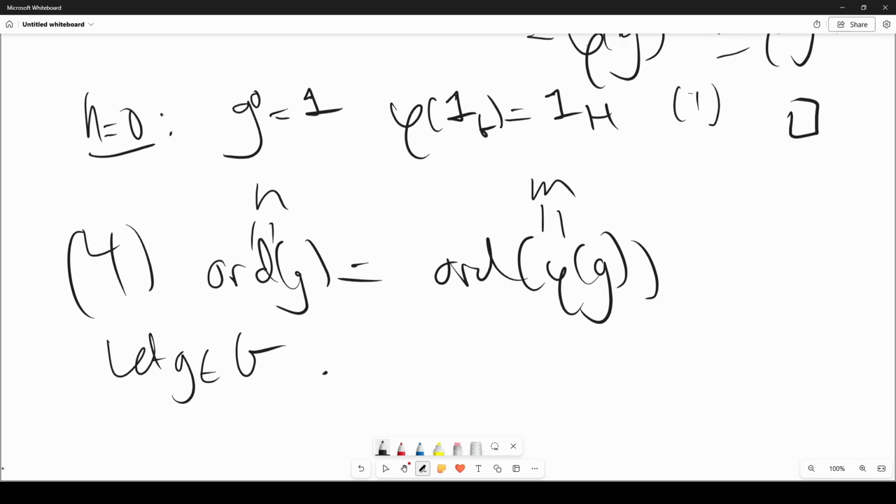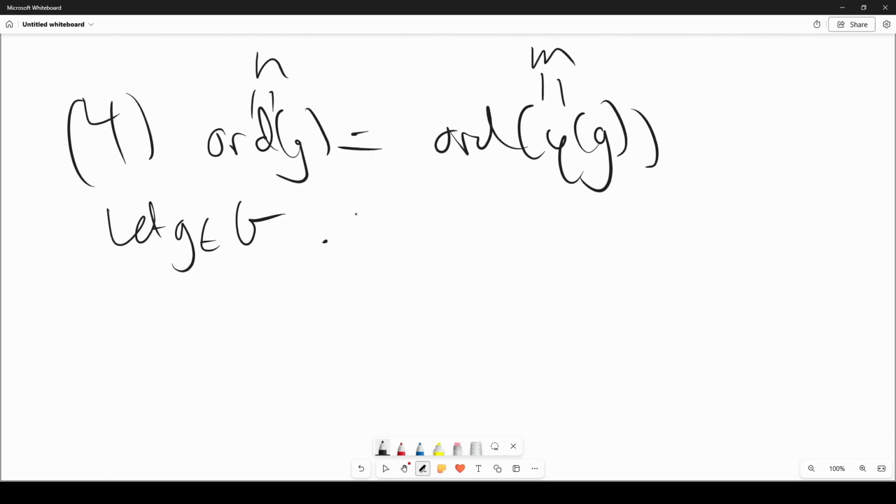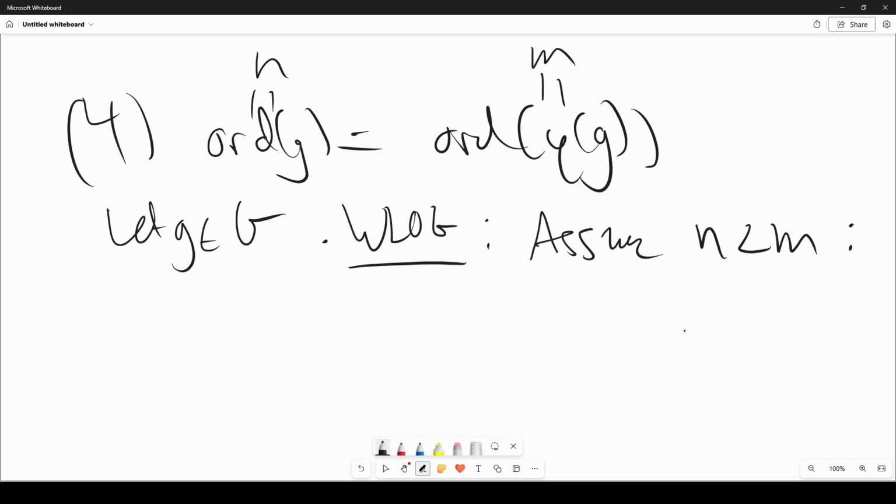So we're going to do a proof by contradiction. Without loss of generality, let's assume that n is less than m. If you assume m is less than n, the argument is basically the exact same.